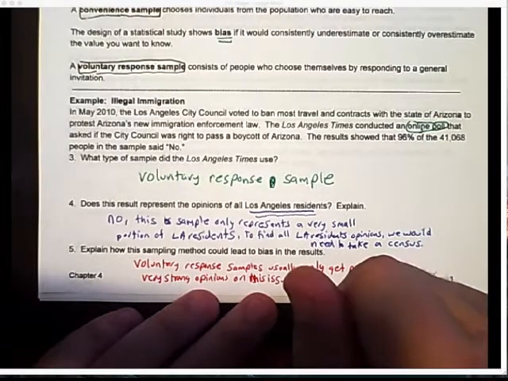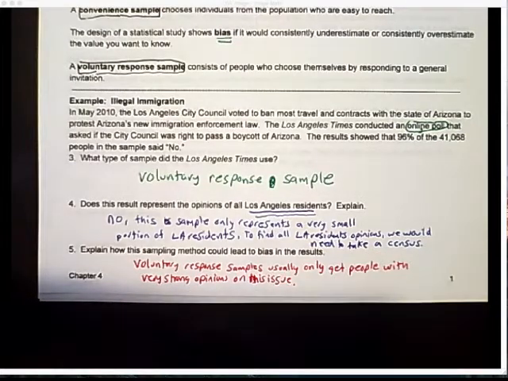All right, so if you're talking about illegal immigration, then those are people that are really passionate on this issue. So let's read the question again.